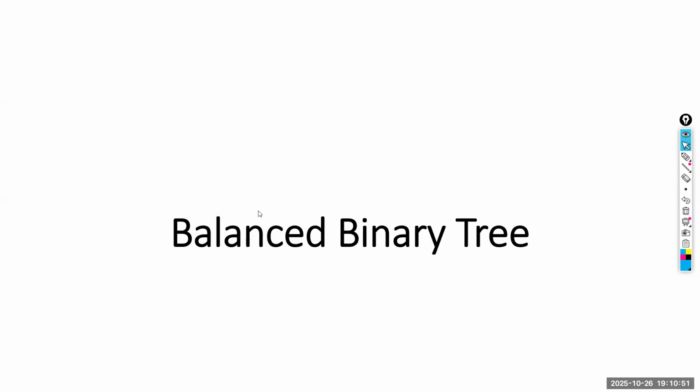So I told you that when you do a search on a binary tree, it is log n if it is a balanced binary search tree. Otherwise, it can even get to O(n).